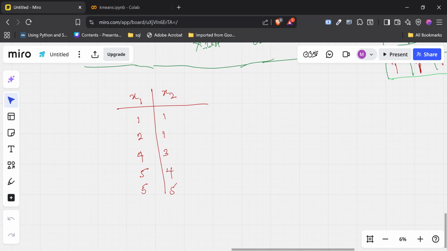Now, in supervised learning, you would expect that here we'll have some y. I want to use x1 and x2 to predict y. But that's not what happens inside unsupervised learning.